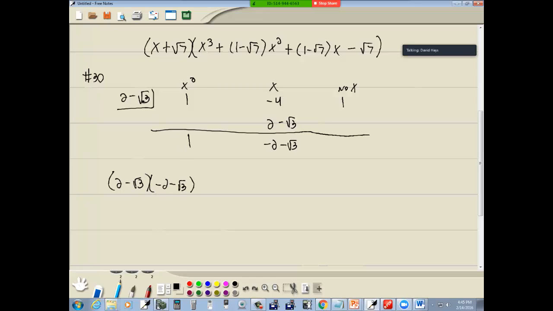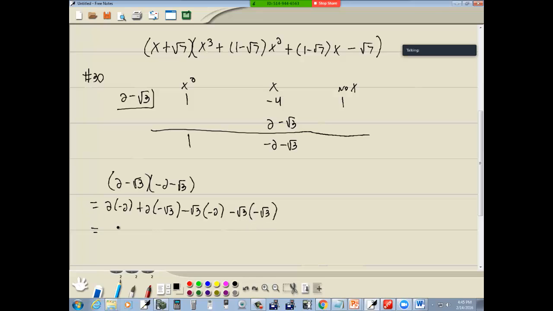Now, when I multiply 2 minus square root of 3 times negative 2 minus square root of 3, we got 2 items here and 2 items here. So we'll take 2 times negative 2. We'll take 2 times negative square root of 3. Negative square root of 3 times negative 2. And negative square root of 3 times negative square root of 3. Assuming I didn't mess up on signs.